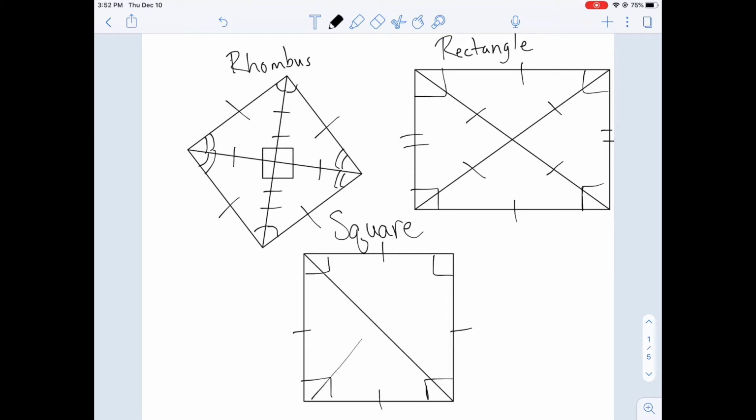Well, from the rhombus, that means that these all meet at 90 degrees. And from the rectangle, all four of your diagonals are congruent. And I think it kind of makes a nice little picture. So make sure you write these down. You will need these as we're going to solve a rhombus, a rectangle, and a square.